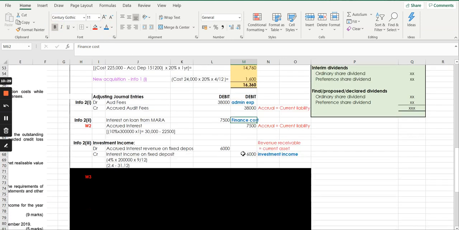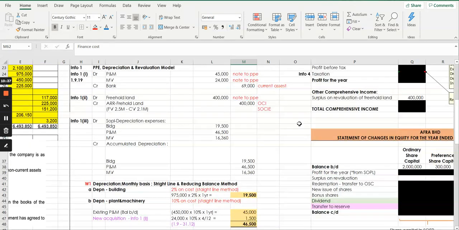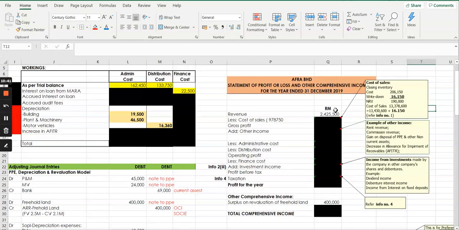All right. Now, done with that, go and do what you have done. Audit fees should be in the admin expenses. Put that in your working. So in your working here, you have your accrued loan interest and accrued audit fees.